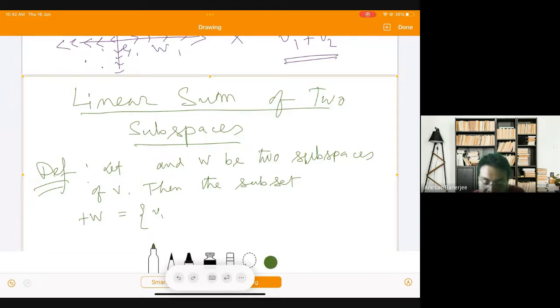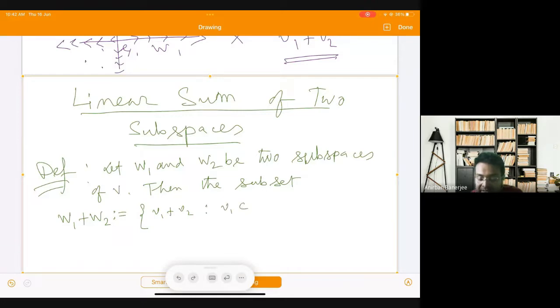Let W1 and W2 be two subspaces of V, and the subset W1 plus W2. Here, the plus operation is defined in this way. This will give us a set of V1 plus V2 such that V1 is taken from W1 and V2 is taken from W2.